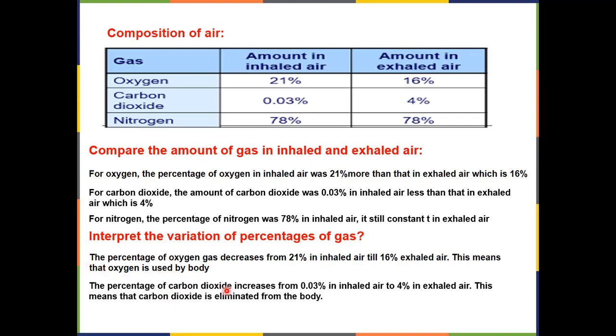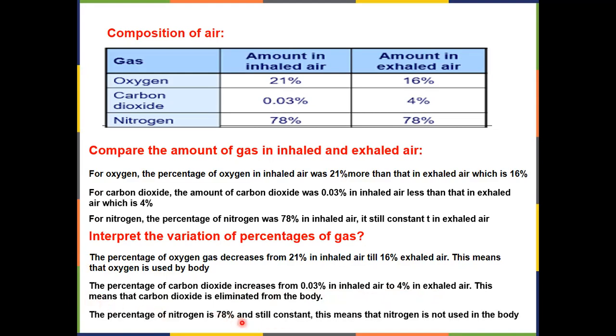The percentage of carbon dioxide increases from 0.03% in inhaled air to 4% in exhaled air. This means that carbon dioxide is eliminated from the body. The percentage of nitrogen is 78% and still constant. This means that nitrogen is not used in the body.